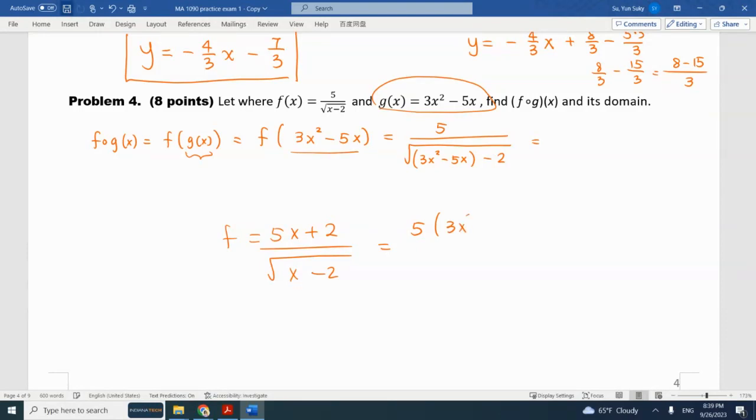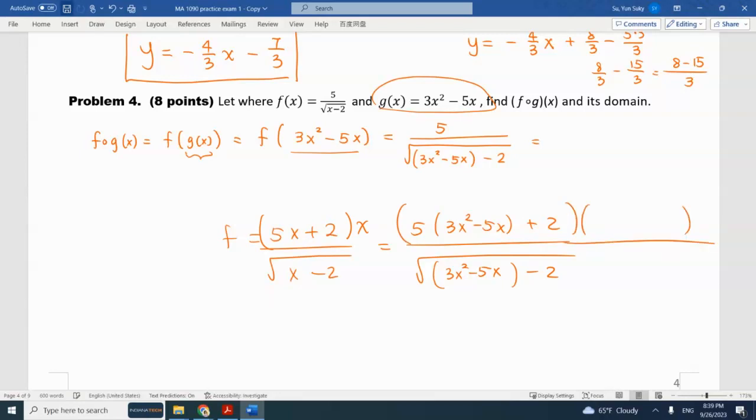So 5 times 3x squared minus 5x, plus 2, and then all over, see the x, then you plug in this thing again, minus 2. If you have more x, then you just replace the x by this giant term, like 3x squared minus 5x. So it depends on how many x in the formula of f. Whenever you see x, you replace x by 3x squared minus 5x. Is that okay?